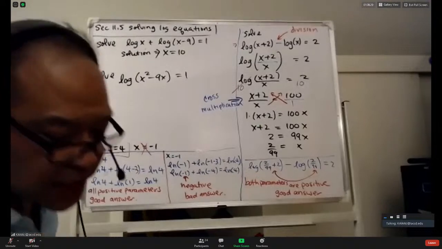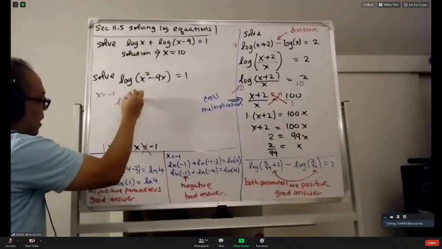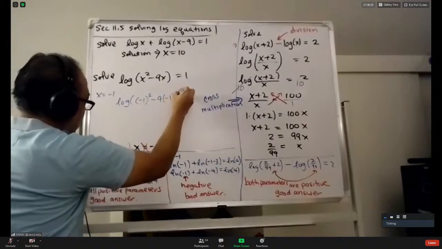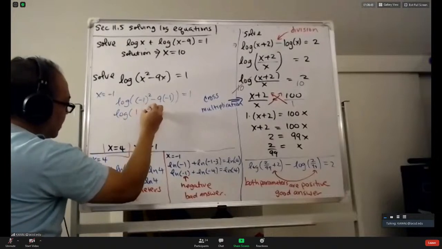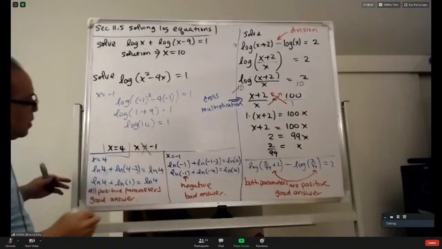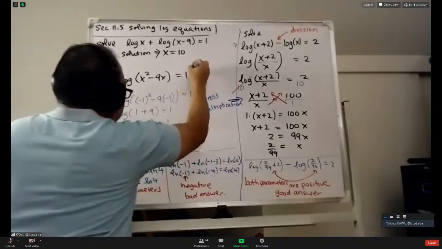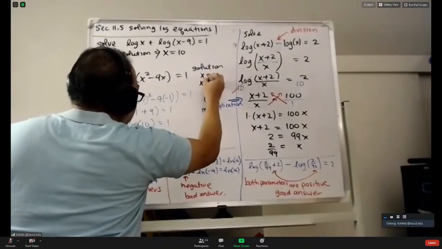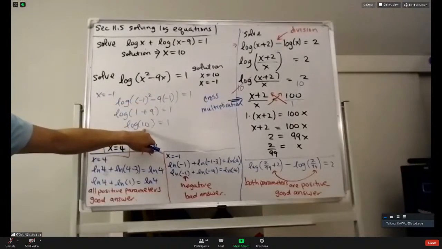But when I plug in x = −1 into here, I got log of (−1)² minus 9 times −1. So I got log of 1 plus 9. So then I got log 10. So in the second problem, the solution was both x = 10 and x = −1, because when I put −1 into here, that parameter was positive.